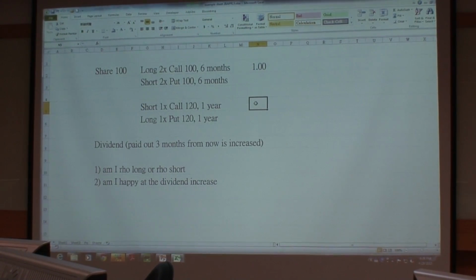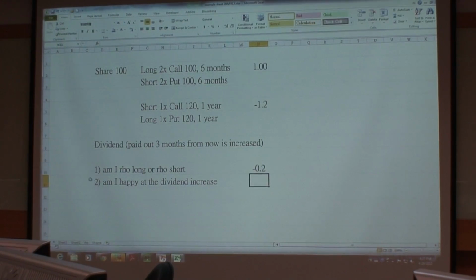So 1 year 120 strike, how much interest? 1% multiplied by 120. And because we're short the call, long the put, it's negative rho. So therefore it's minus 0.01 times 120. So my total rho, I'm actually rho short.